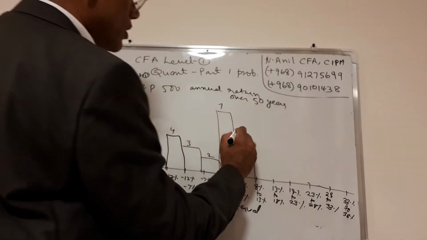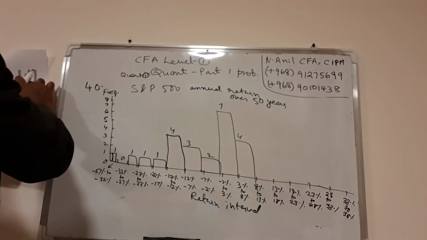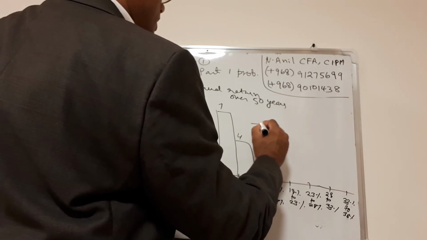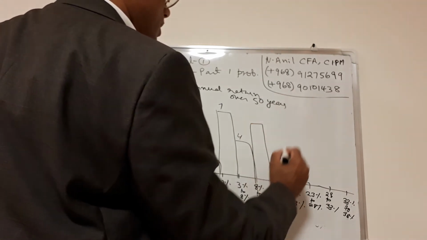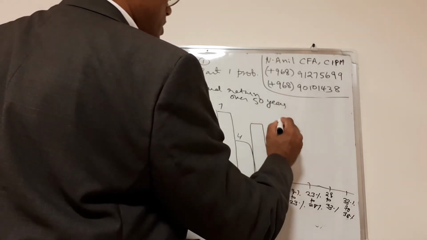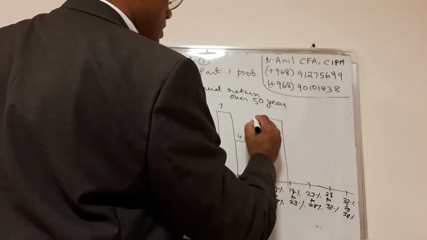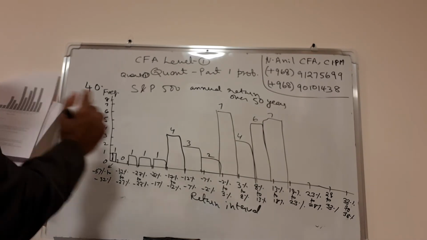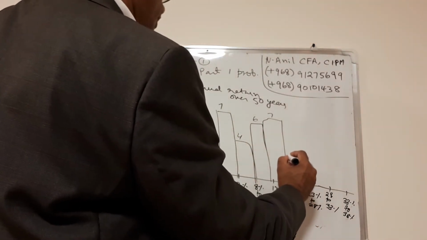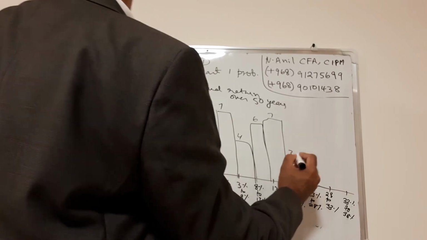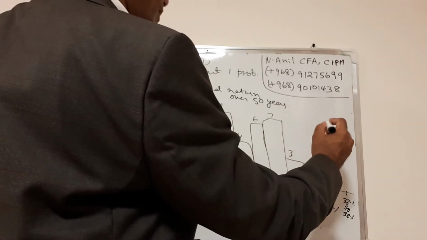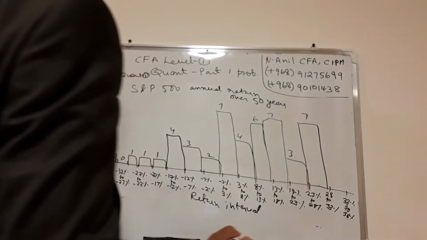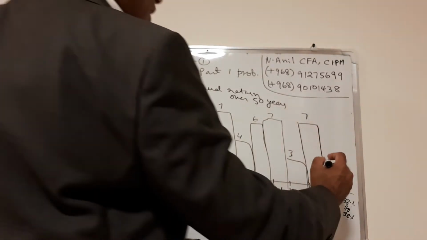This is 4, and then 6, 7. Three, 7, and this one is 3.